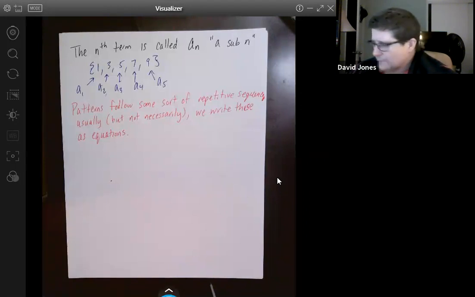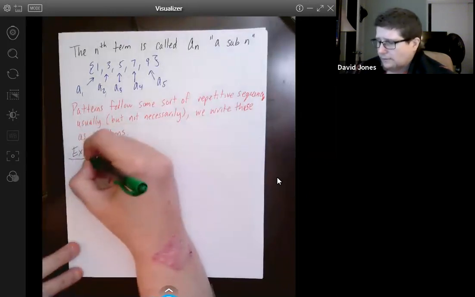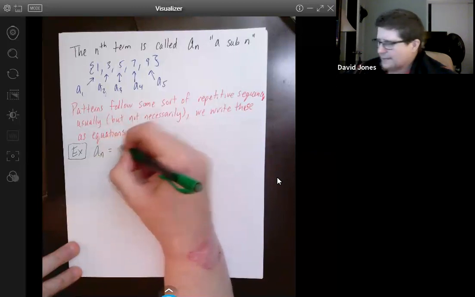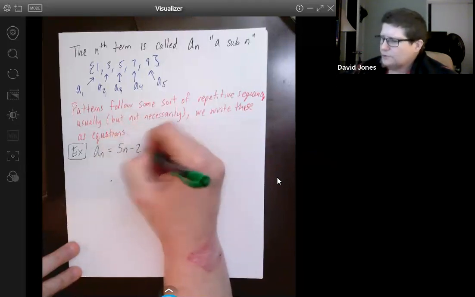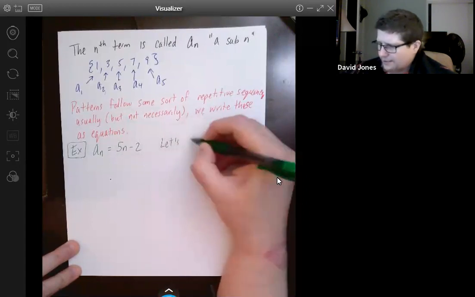But oftentimes they're repetitive. And so here's an example. Let a sub n equal 5n minus 2, and let's find the first 5 terms.